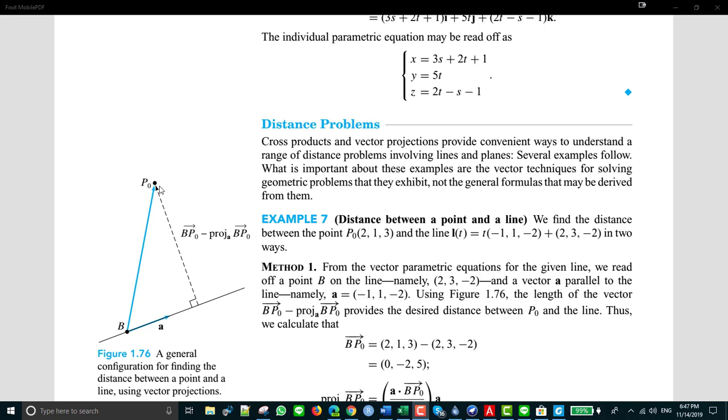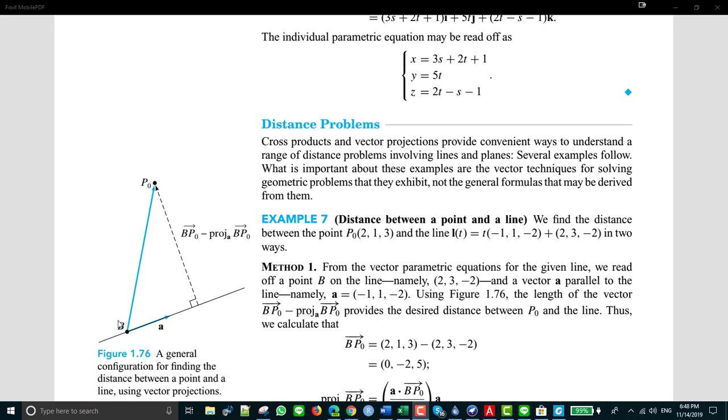We've done that many, many times. That is, if we take this vector minus this vector, we get a vector that starts here and moves in this direction to here. So if we take the magnitude of that, that's going to be the length. So we can just do that. We have to write what BP0 is.